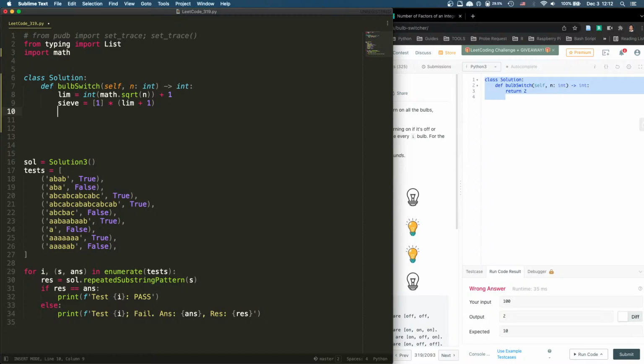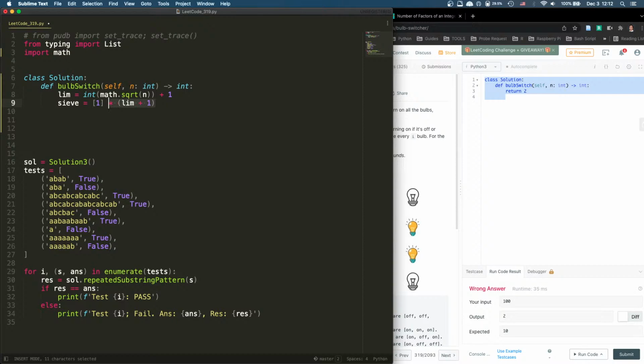And then we first take away all the even ones. So actually we can do that while we are doing this. I think we can already handle it.